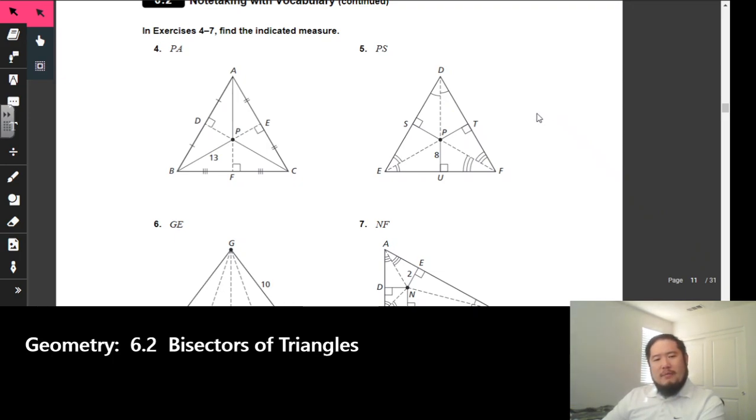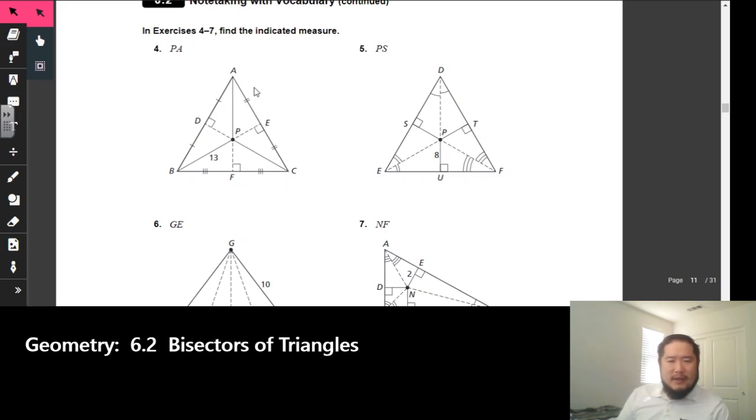So let's take a look next at number 4. They don't really tell you much. You've got to determine by looking at the diagram whether the point happens to be the circumcenter or the incenter. So let's look at number 4. I've got perpendicular P to D, and it looks like it's bisecting A to B. Let's take a look at the next segment, P to E. Perpendicular, it also bisects A to C. I see a trend.